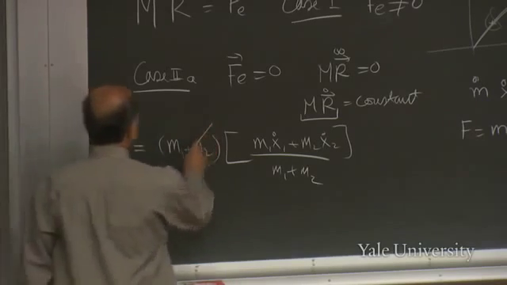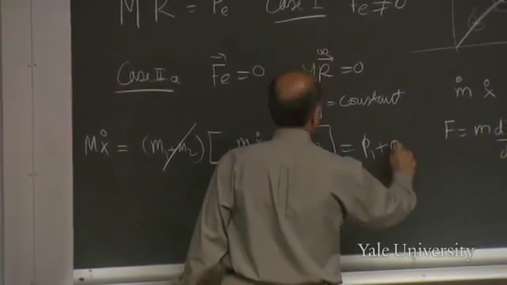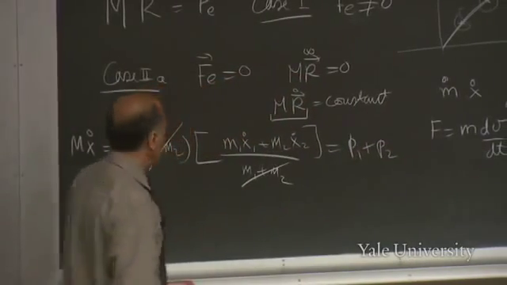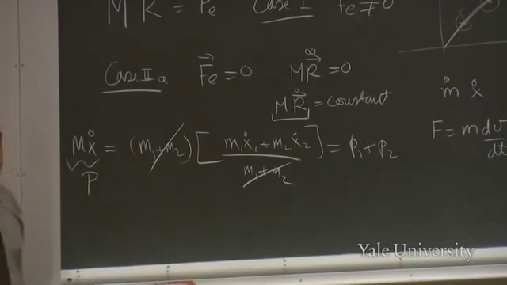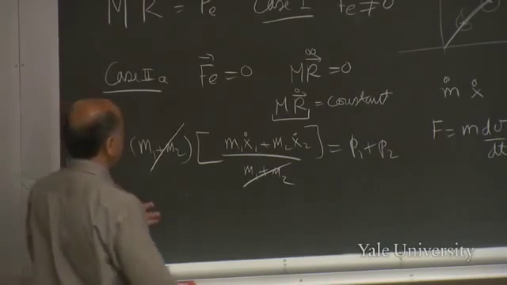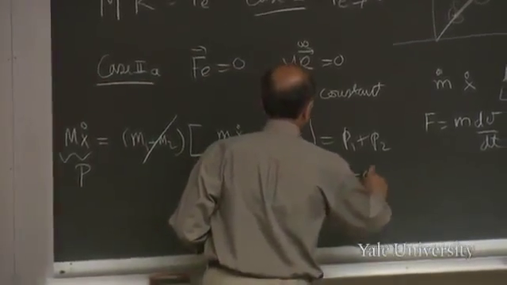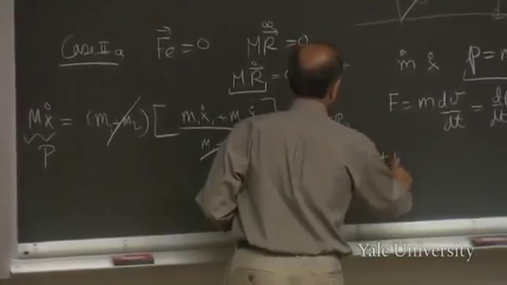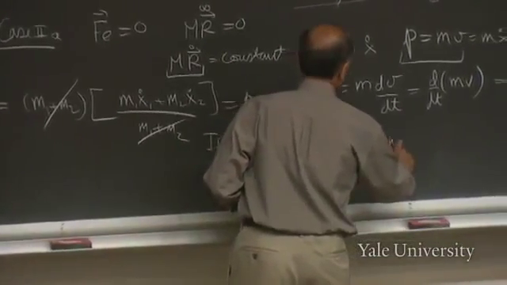So m1 plus m2 cancels here, and you find this is just p1 plus p2. Let's use the symbol capital P for the momentum of the center of mass. So the momentum of the center of mass is the sum of the momenta of the two parts. Let me write it one more time: if F external is equal to 0, then p1 plus p2 does not change with time.